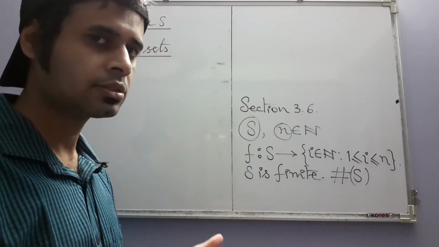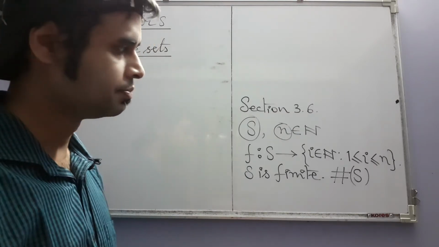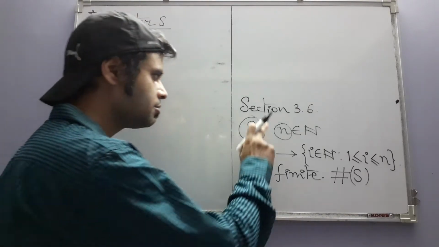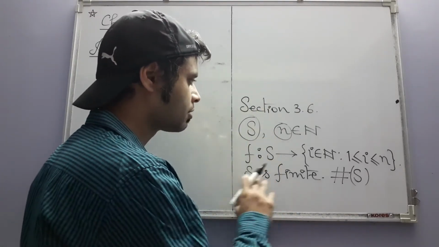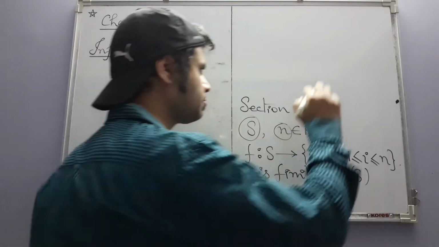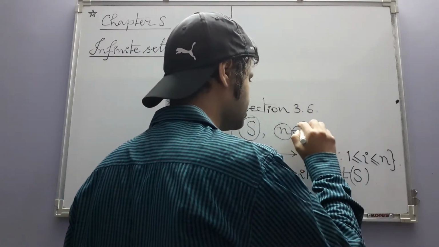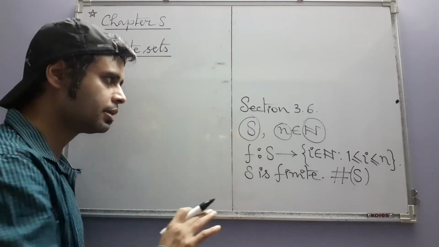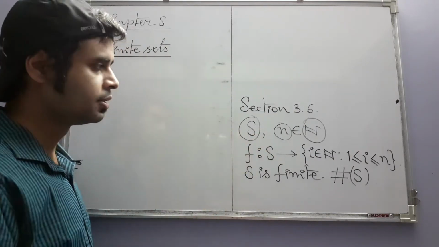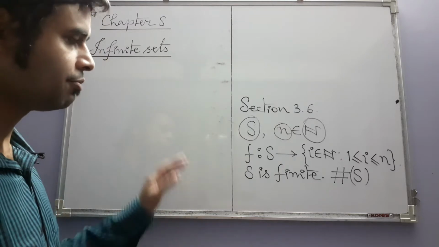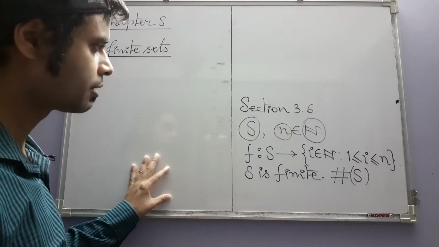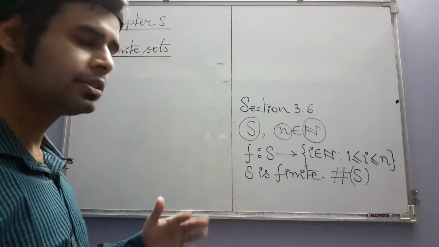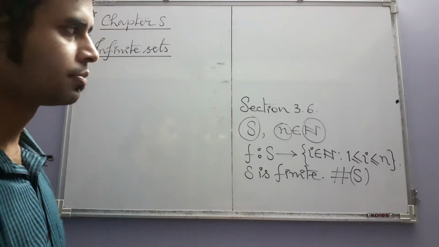So infinite just simply means not finite. And in this section we came across one example of an infinite set, the set of natural numbers. We proved that this set itself is infinite. So in this chapter we are going to see cardinalities of infinite sets.